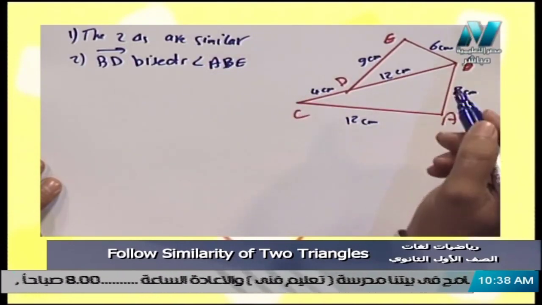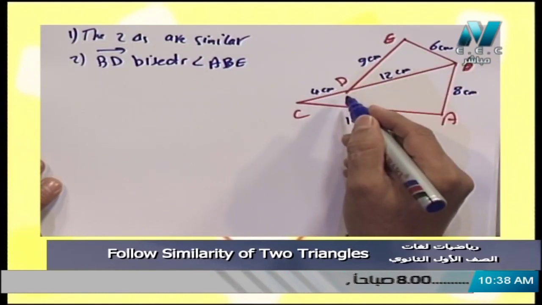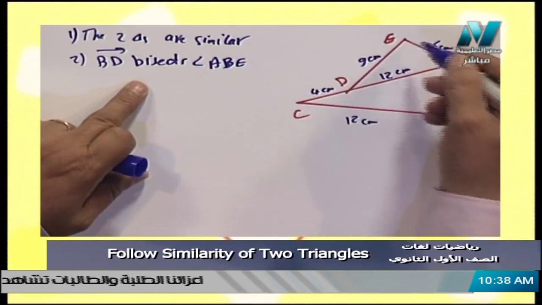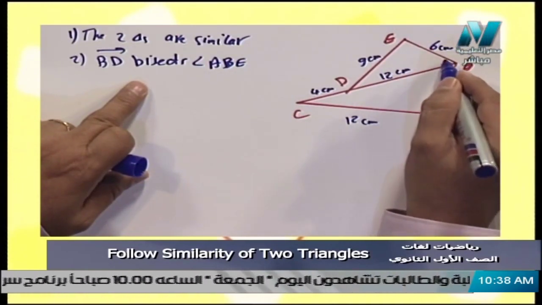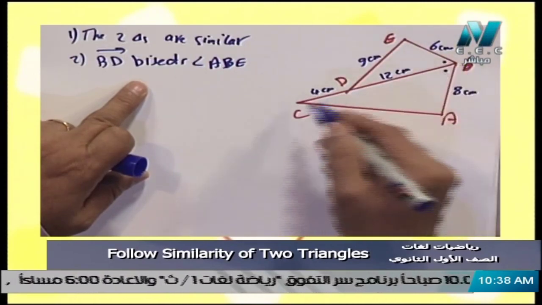Where is BD? The ray BD here is this one. The request is to prove that it bisects the angle EBA. That means that we would like to prove that the measure of angle EBD equals the measure of angle ABC.